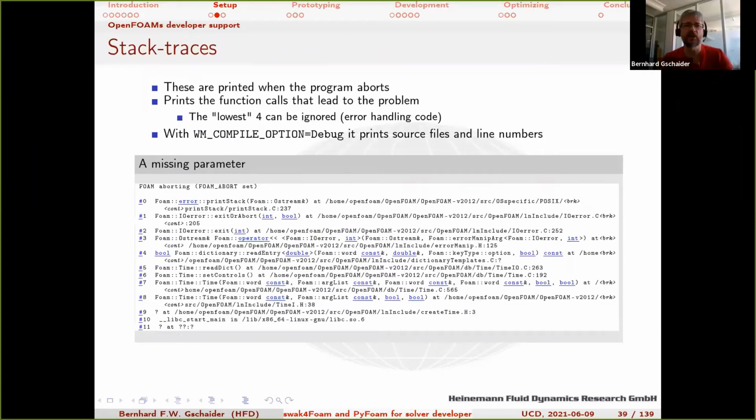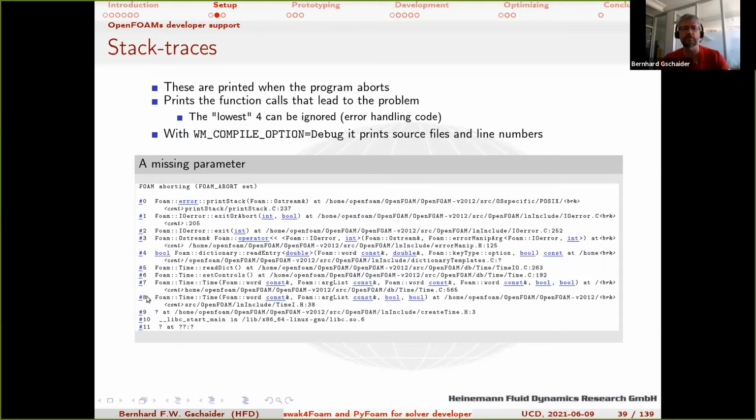As I said, one of the coolest features in OpenFOAM that's been there since the beginning are stack traces. Basically, when you run abort or when an exception is raised, when a signal is raised, then you get this stack trace, and the stack trace means you start with the innermost and work yourself to the bottom.